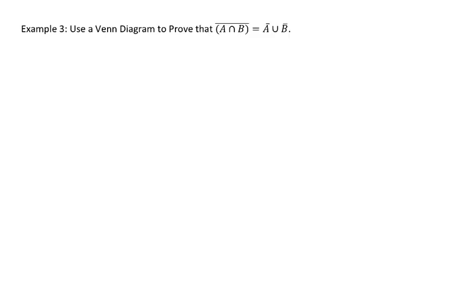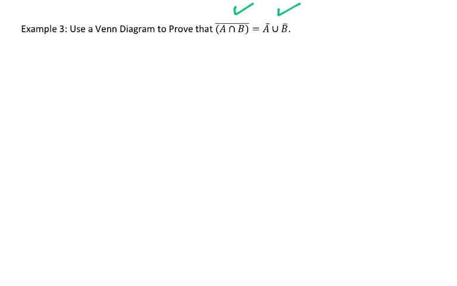You can use Venn diagrams to prove set statements, set theorems. The way you could prove that the complement of A intersection B is the same thing as the union of the complements of A and B would be to draw a Venn diagram for each of those. And if those sets are indeed equal, then the Venn diagrams will look the same.